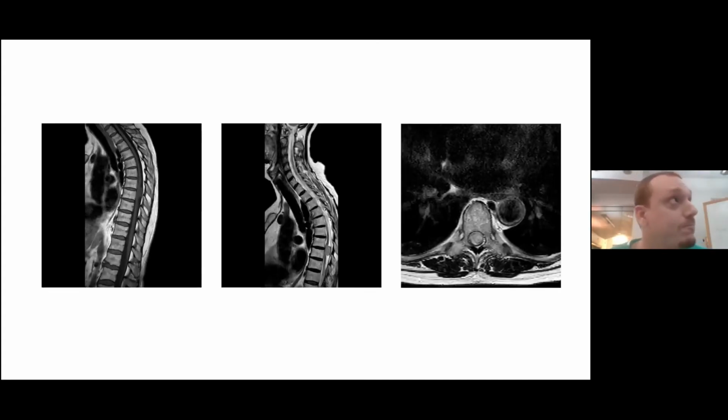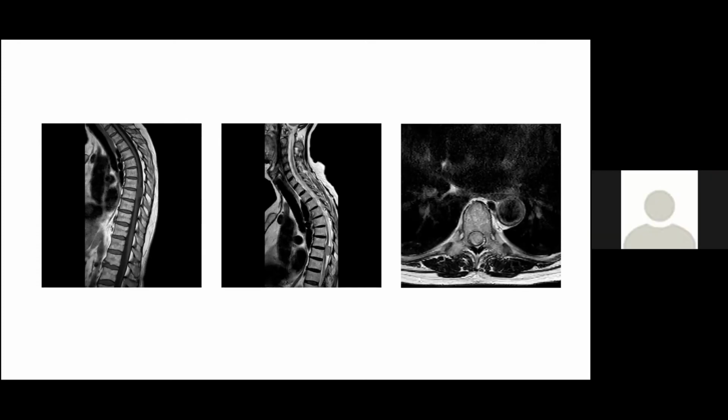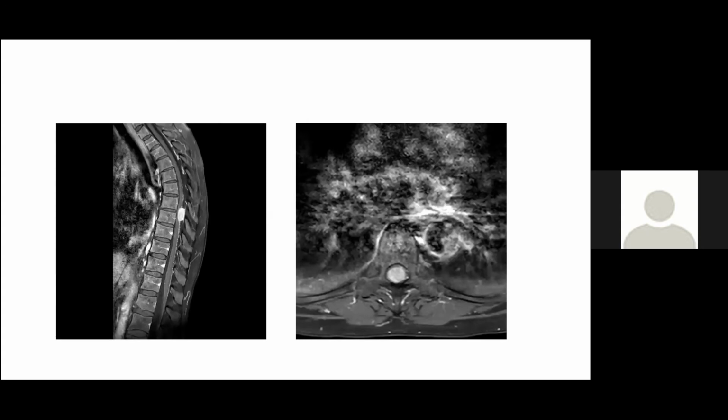What do you see? Looks like a T2 hypointense and mildly contrast enhancing lesion, looks like a mid to lower thoracic lesion, posterior to the cord.